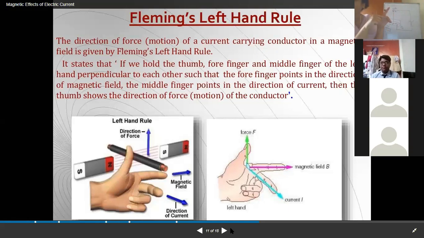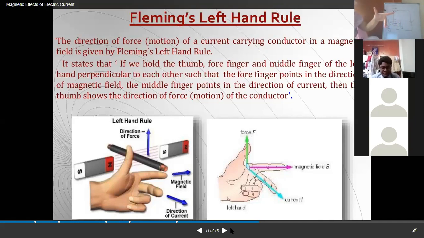The middle finger will always point in the direction of the current. The forefinger will point in the direction of the magnetic field, and the thumb is always going to show us the direction of the force in which the motion will take place. Because of that force, the conductor comes in motion.